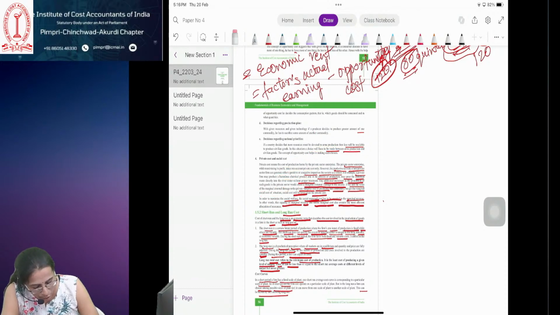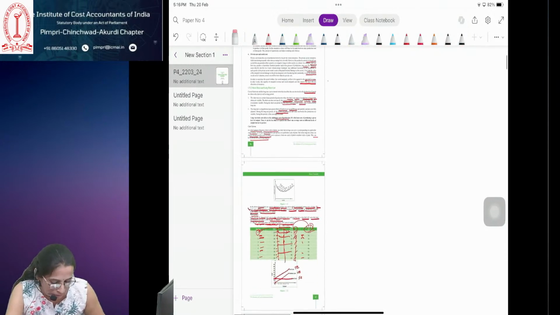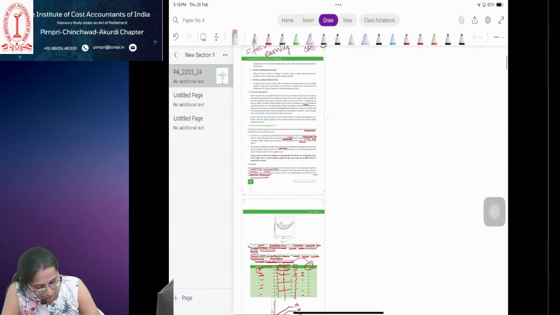Now we will be moving on to the concept of short run and long run cost. And erase this, it is already marked too much.